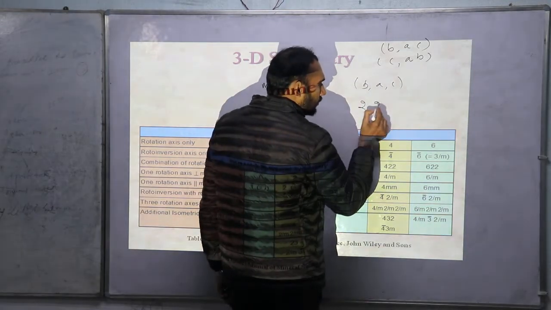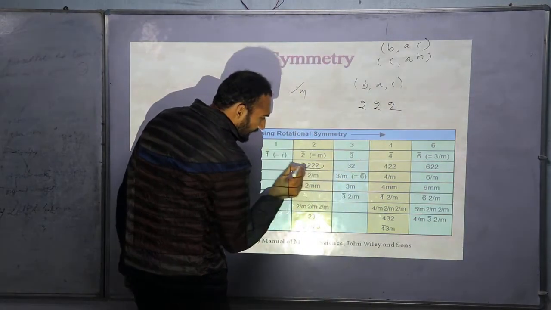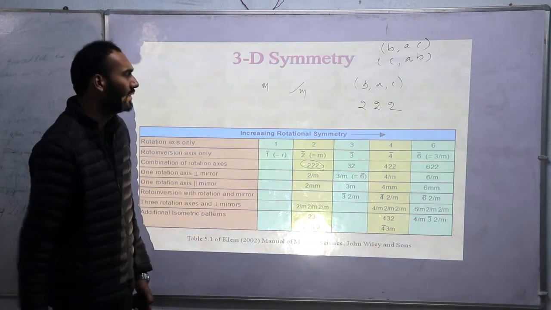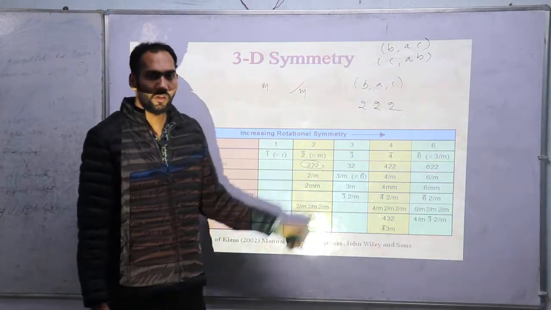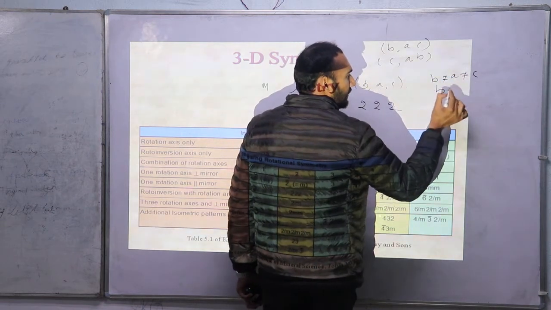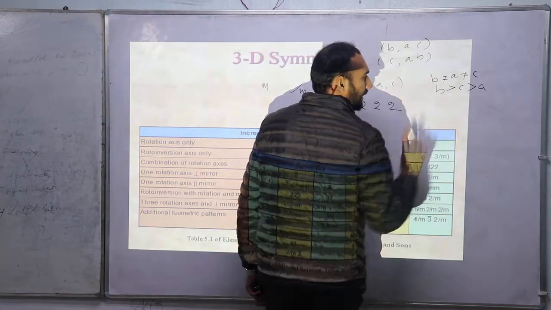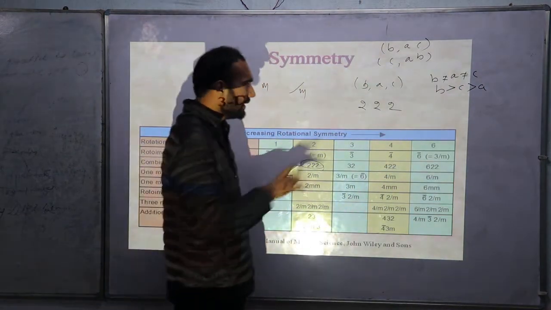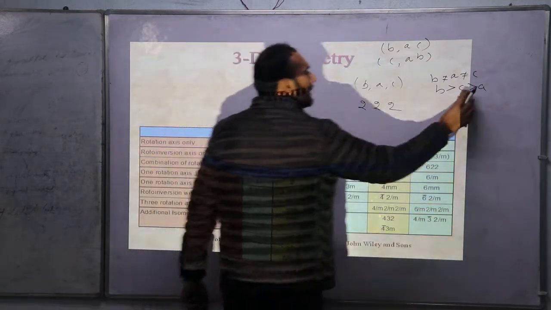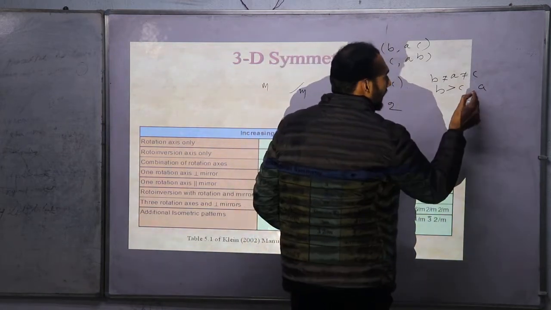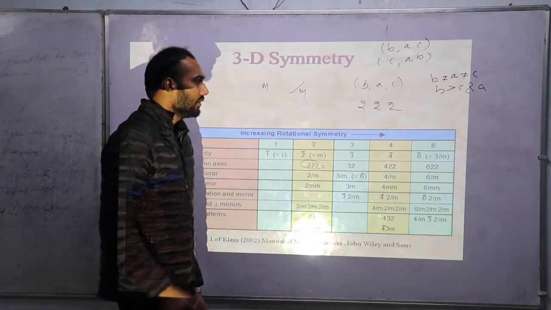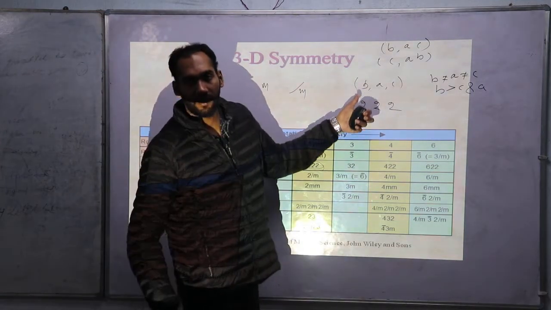If I write 2 2 2, it is the combination of two-fold rotation axes. Orthorhombic means B is unequal to A unequal to C, and B is greater than C and A. C can be greater or smaller than A. So B is the greater axis in the orthorhombic system, so we write it first.